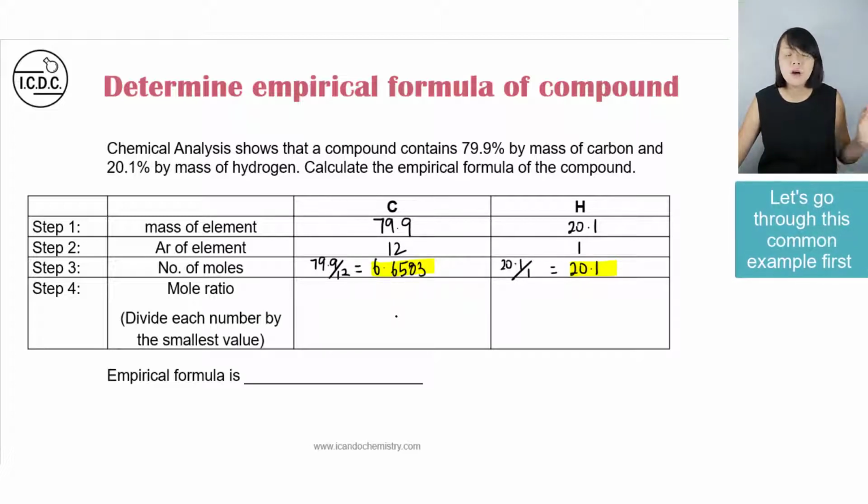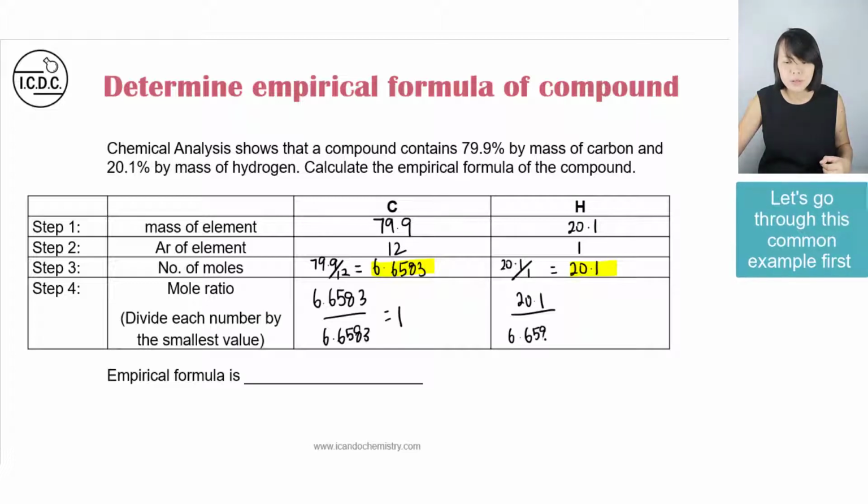So we will use all the values from step 3 and divide by the smallest value, which is 6.6583. I divide this value by itself, and I will achieve 1. For hydrogen, I will use 20.1 divided by the smaller value, 6.6583.